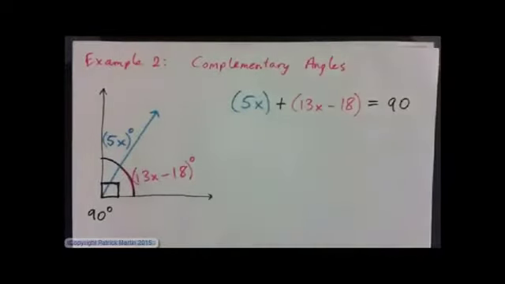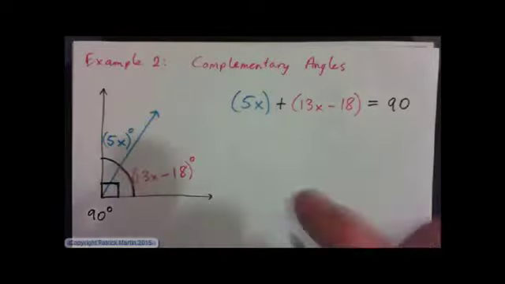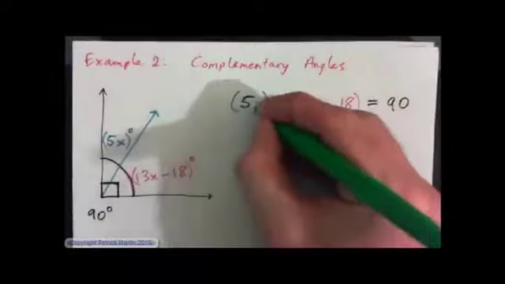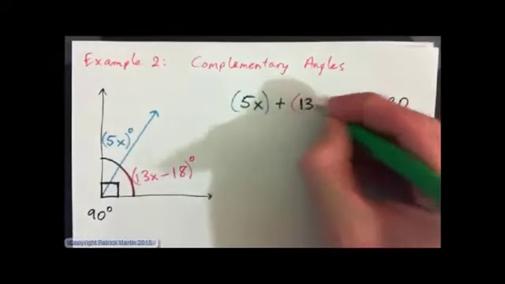First thing to do is add like terms or simplify both sides. Can we add like terms on the left? On the left of the equation we have 5x and 13x.